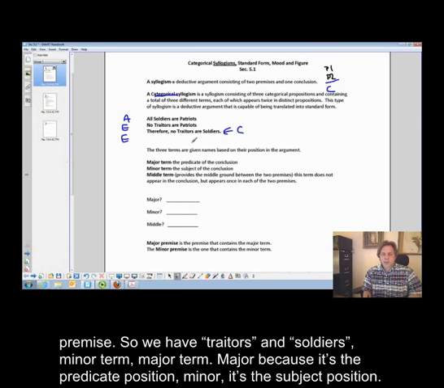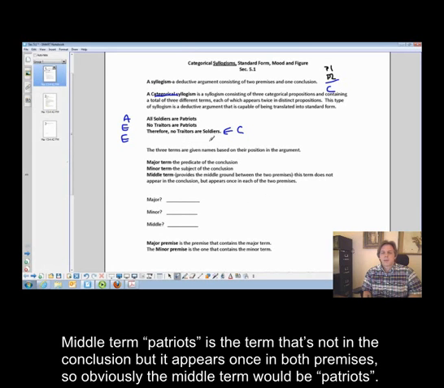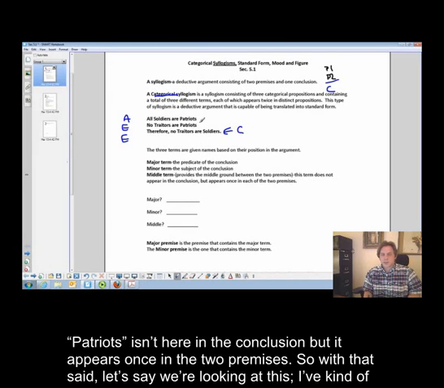Major because it's the predicate position, minor because it's the subject position. Middle term, patriots, is the term that's not in the conclusion, but it appears once in both premises. So obviously the middle term would be patriots.